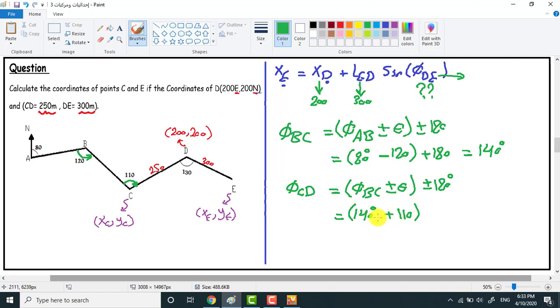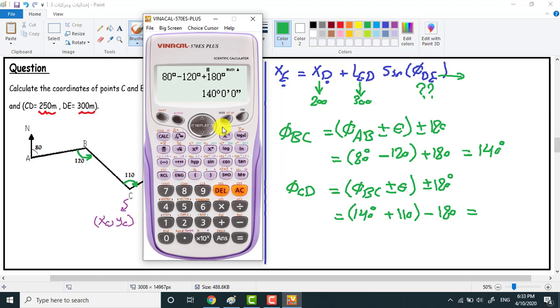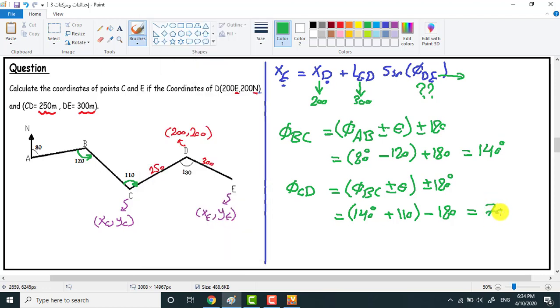The value between the bracket bigger than 180, so we will subtract 180 degree. The result is 70 degree.